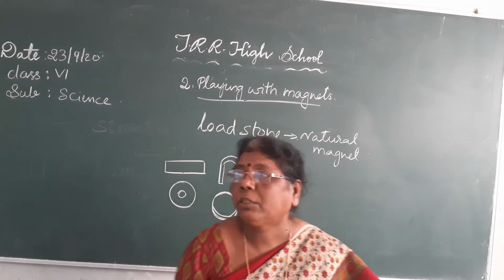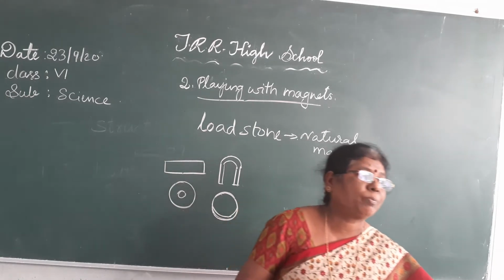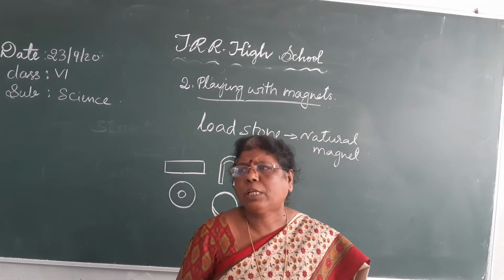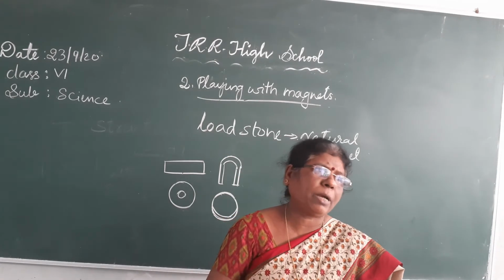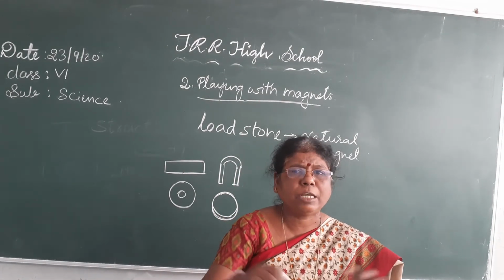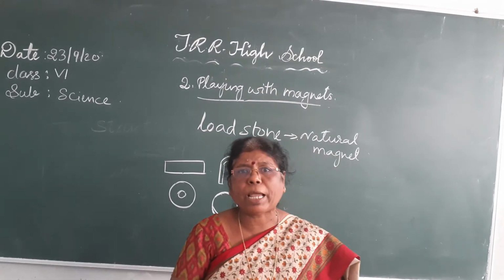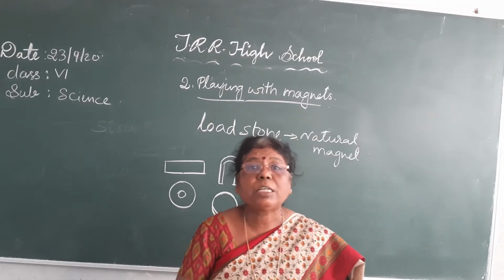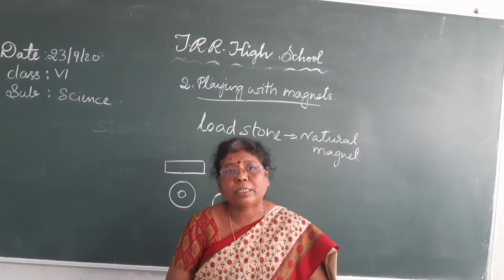Now, what is the use of the magnet? With a magnet, we can separate a mixture of iron filings from soil. If any mixture has iron filings, you can separate them out by using the magnet. The magnet has an attractive property. What are the materials attracted to the magnet?